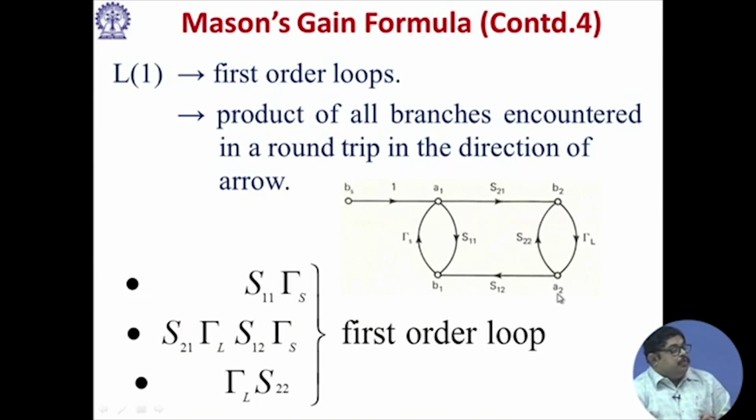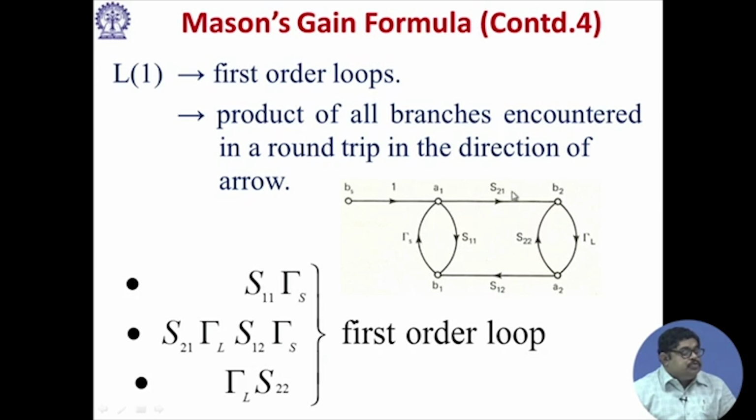Now, let us first find what the L1s, the first order loops, are. So, while coming from here to here, what are the loops? One loop is definitely this, which we are calling S11 gamma S. Then another loop is obviously this, S22 gamma L. Now, there is another loop here: I start here, come here, here, this is a loop.